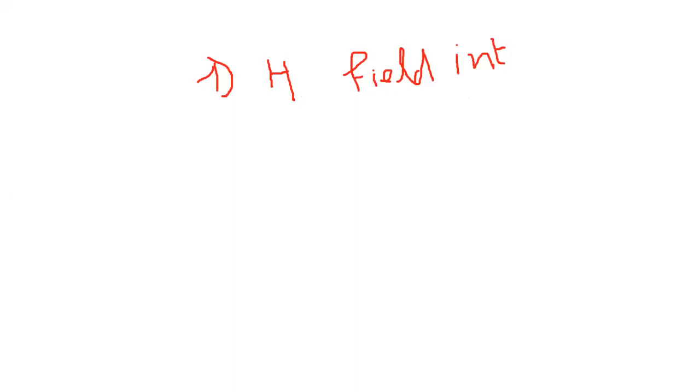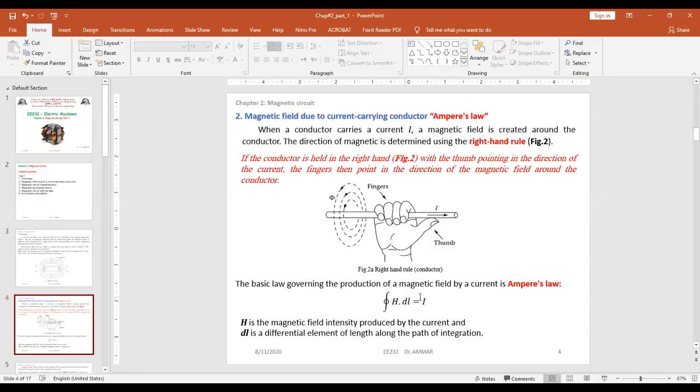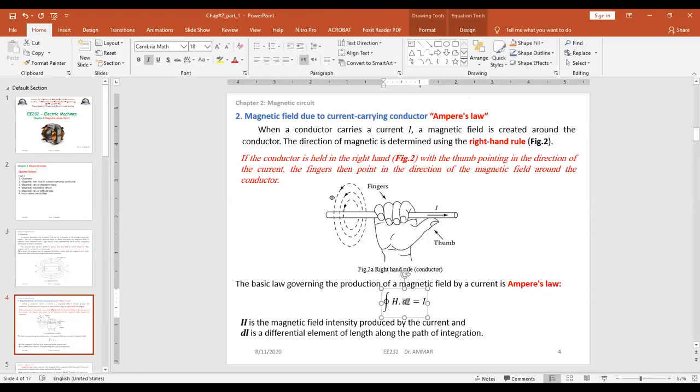Let's go back to the presentation. Using this expression, when we have a closed integral of the magnetic field intensity H over dl, where dl is an element distance, we integrate over a closed path.